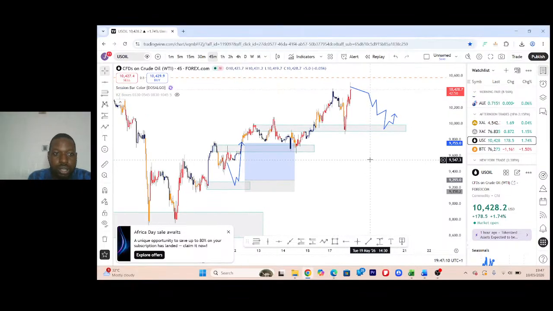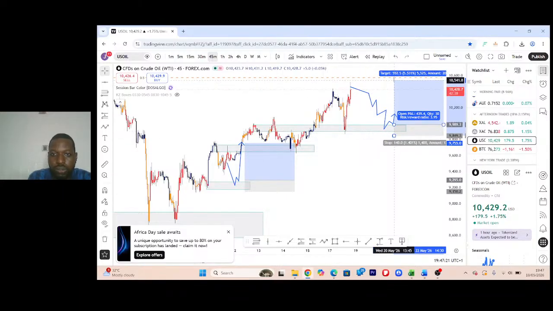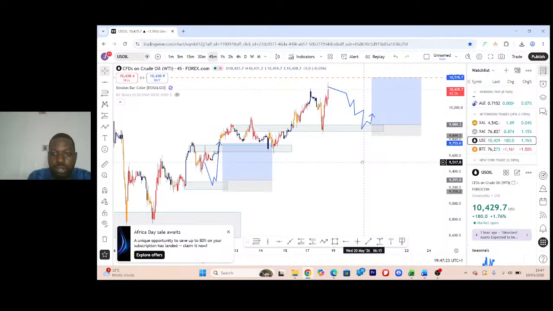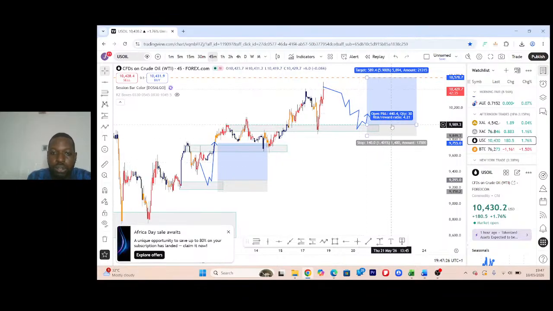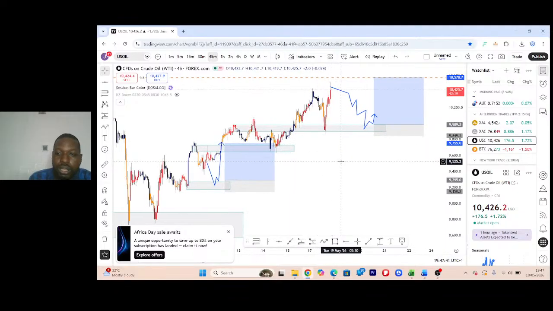So then if we position our longs, okay, so this is 1:4:1, so it's not bad. So if you want to trade sell, you can trade, but always wait for the price to come to your point of interest before you enter.